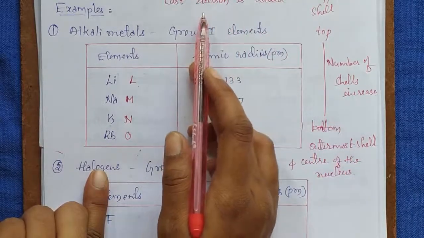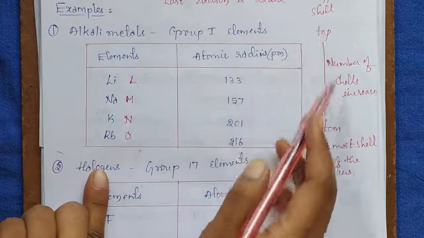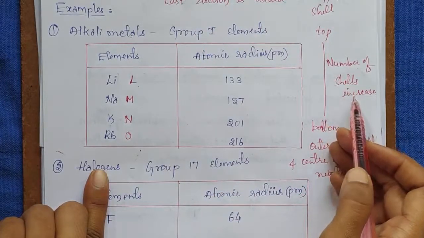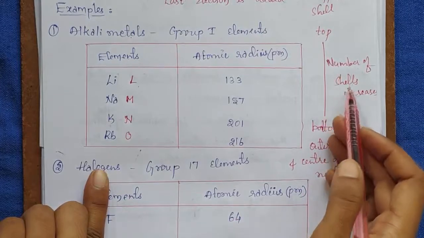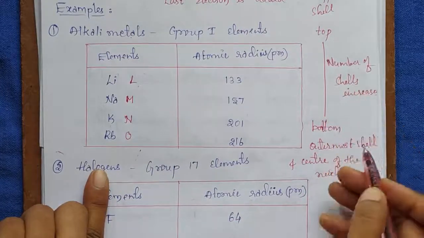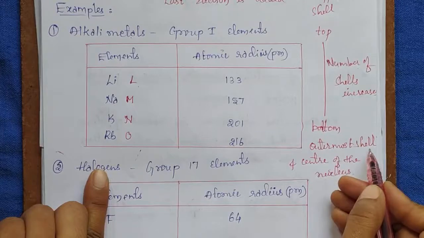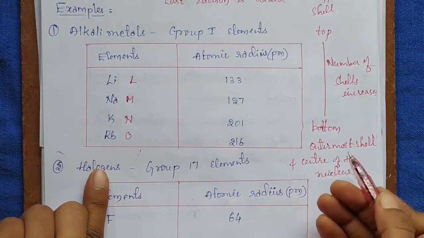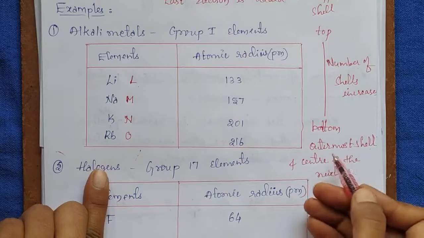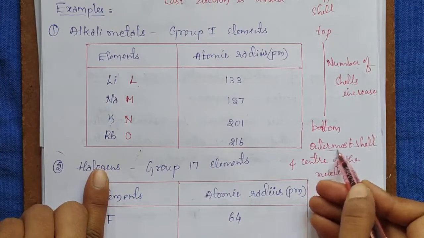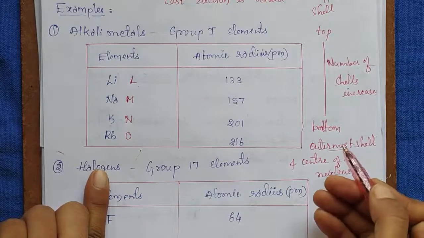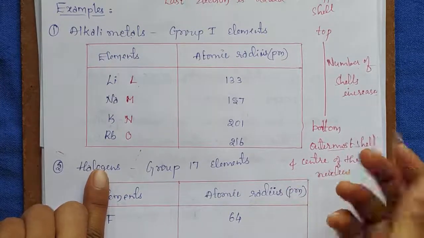Because as we move down the group, the number of shells increases. As a result, the distance between the outermost shell and the center of the nucleus increases. We know this distance is nothing but the atomic radius. Obviously, atomic radius increases.